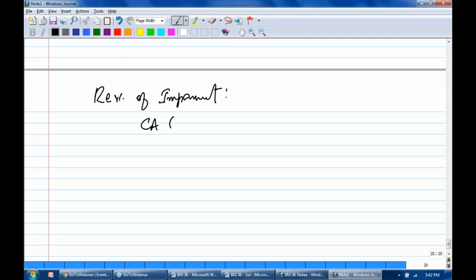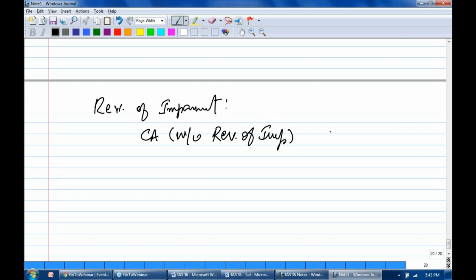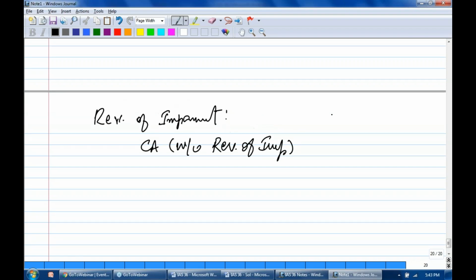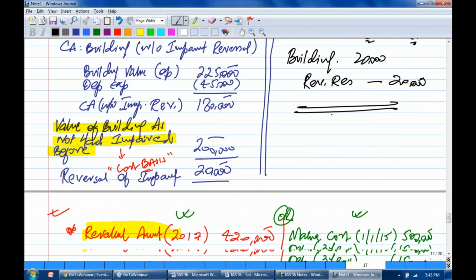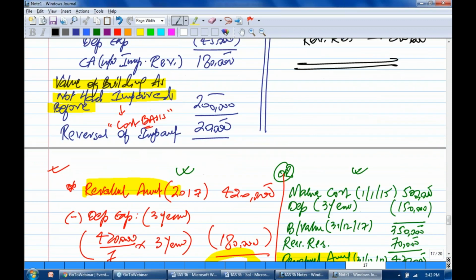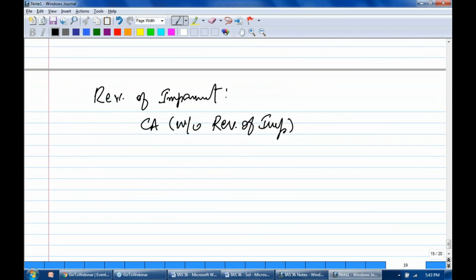Our carrying amount without reversal of impairment, that we calculated, is 180,000. Listen carefully. Now we have to increase the amount because it's now time for reversal of impairment.